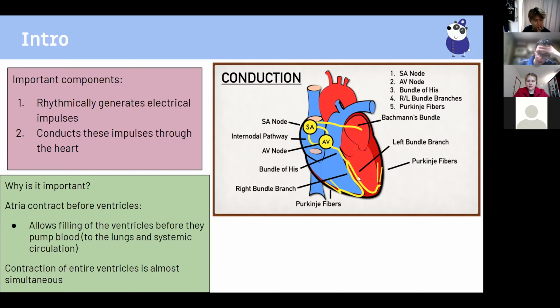There's a left and a right Purkinje fiber, and these are going to try and depolarize as many of the ventricular myocytes as possible really quickly. And then the heart is going to pump and push all that blood into the systemic circulation. With these Purkinje fibers, the signal is so quick that the entire ventricle is almost contracting simultaneously.